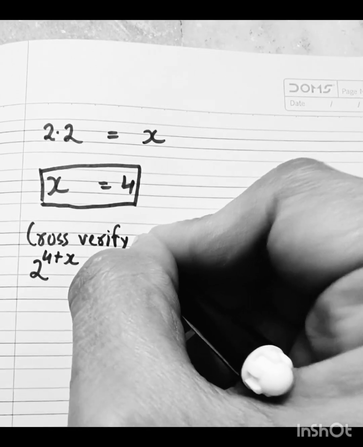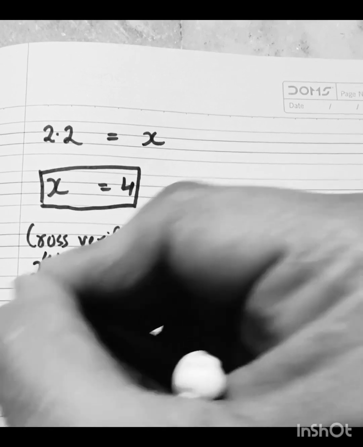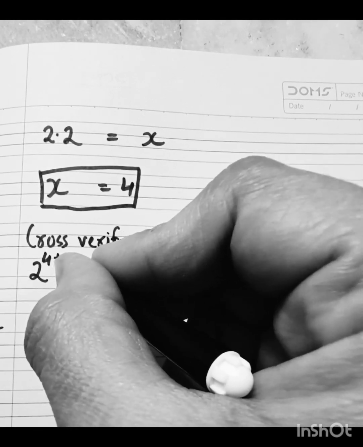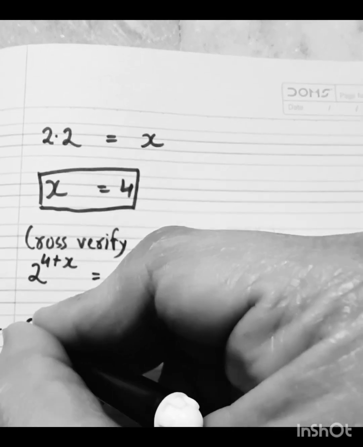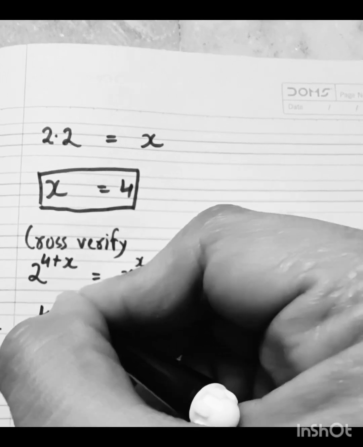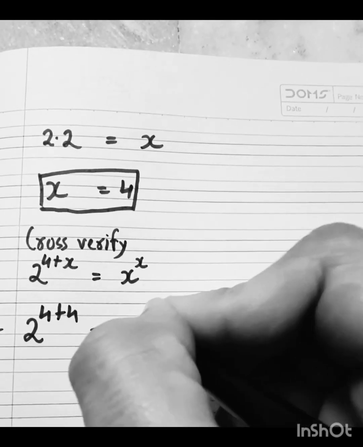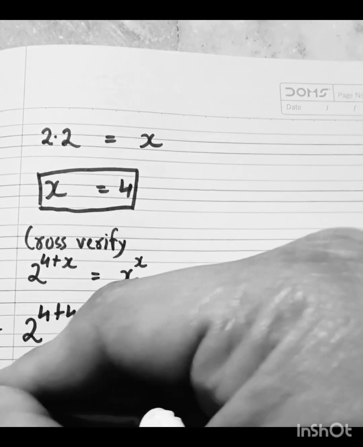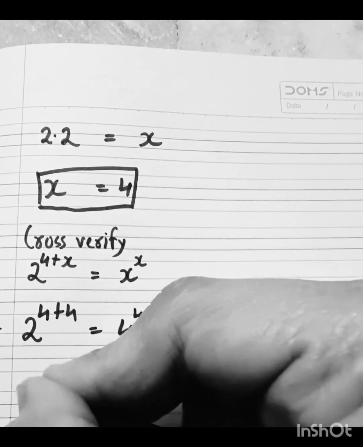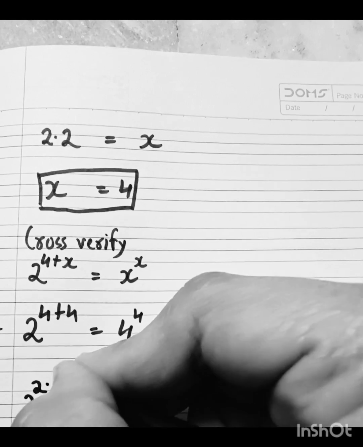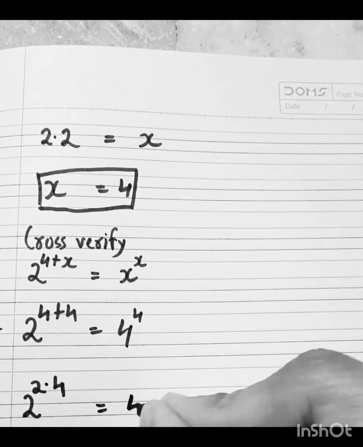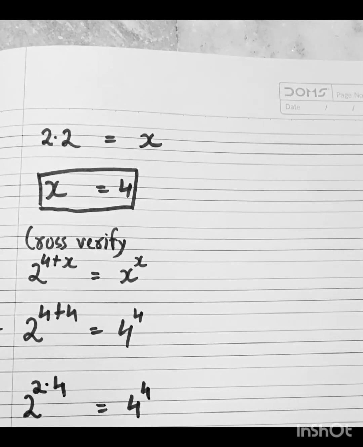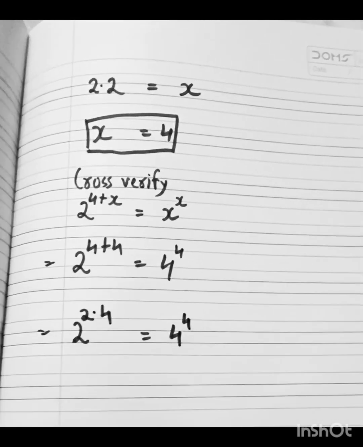Now we will put 4 in the place of x. So 4 plus 4 equals 4 to the power of 4. So 2 times 4. Now 4 to the power of 4.